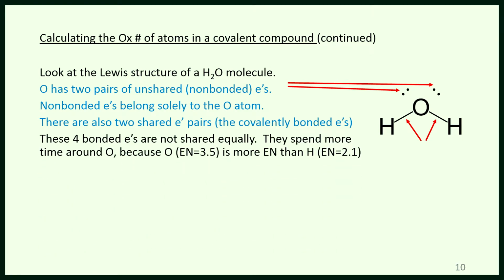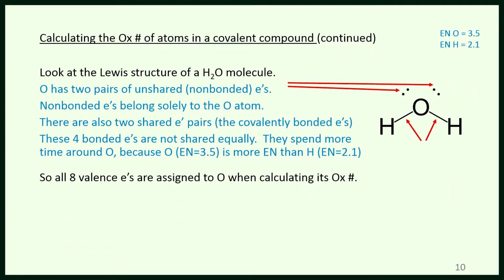These 4 bonded electrons are not shared equally. They spend more time around oxygen because oxygen is more electronegative than hydrogen. So all 8 valence electrons will be assigned to oxygen when calculating its oxidation number.